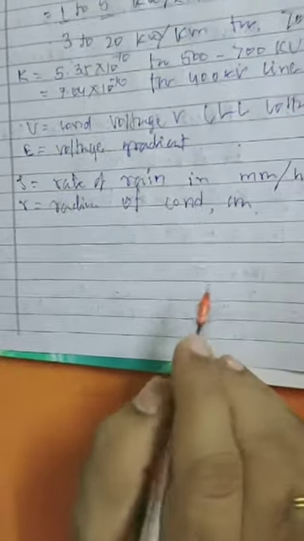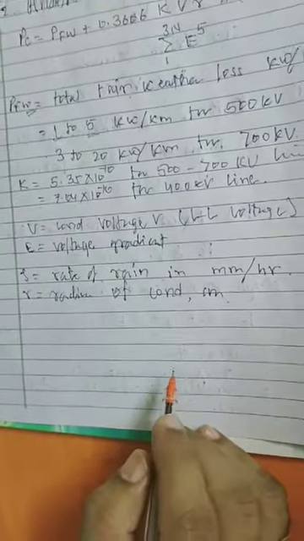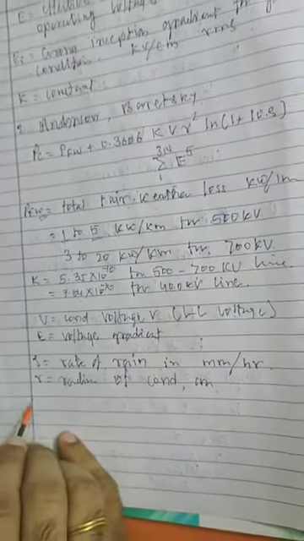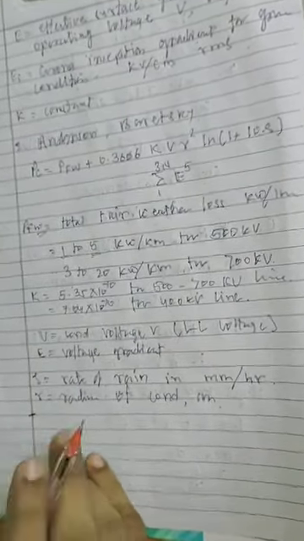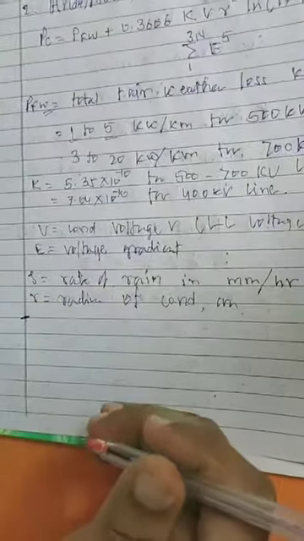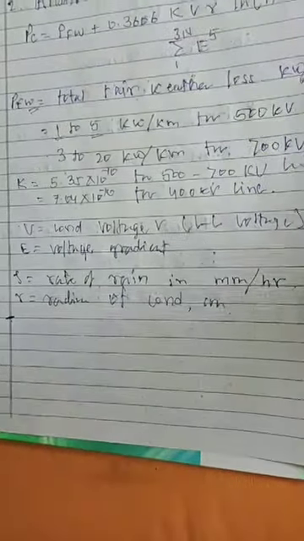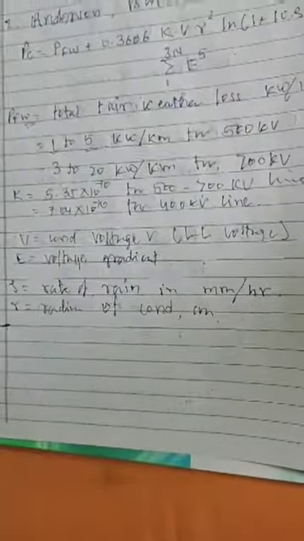So using this formula we can determine the corona loss, and this way you have to determine the corona loss to determine the line performance. Thank you.